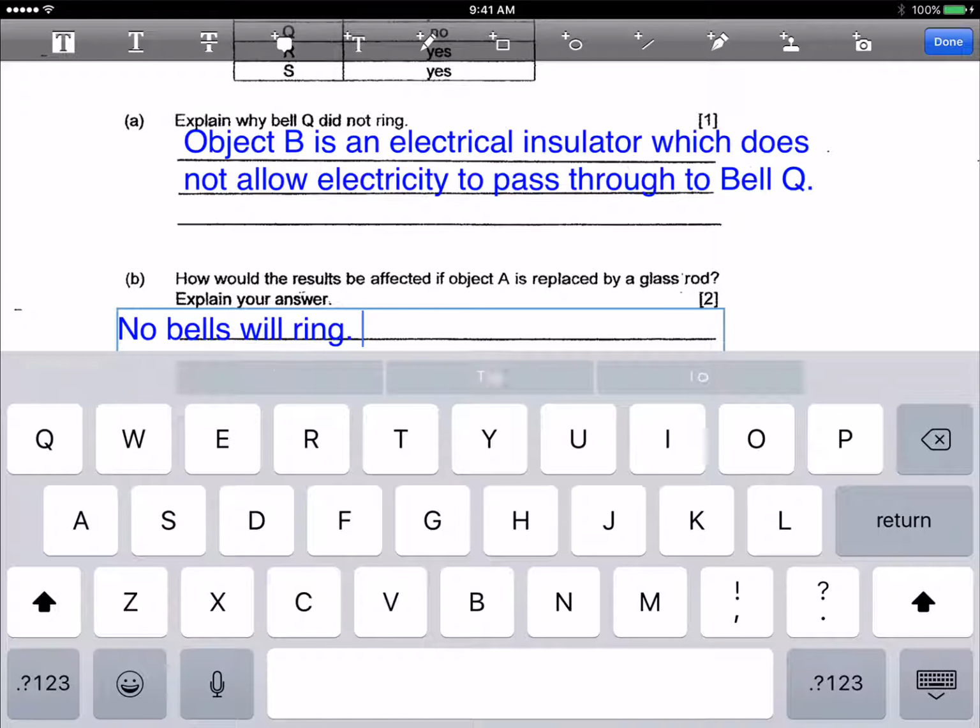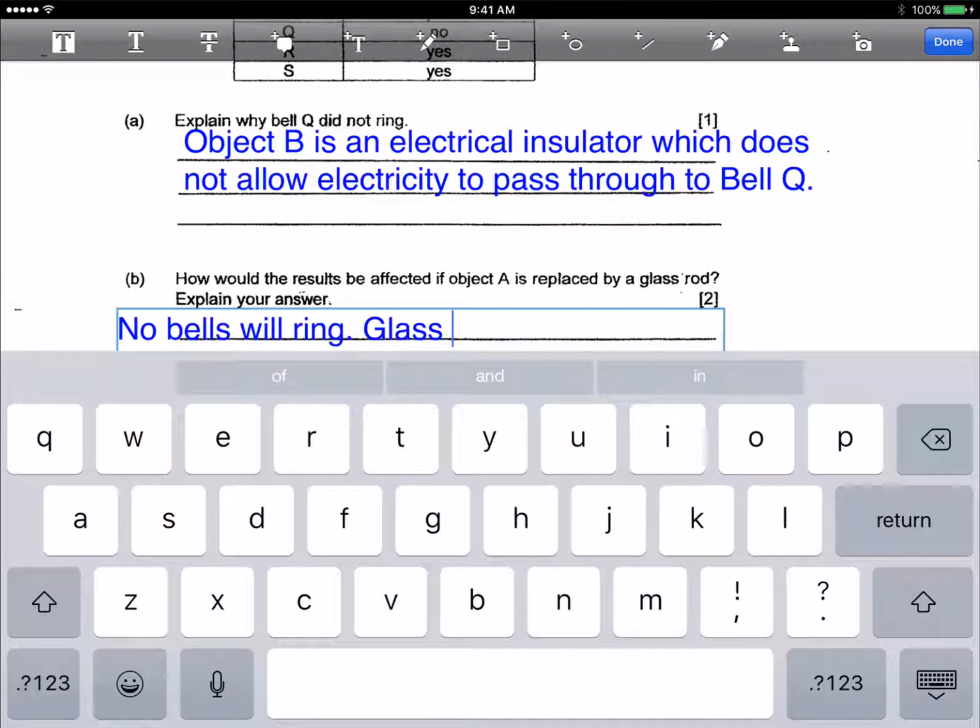Yeah. Okay, why? Because glass is an insulator.